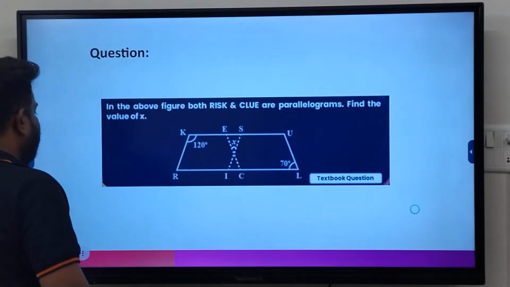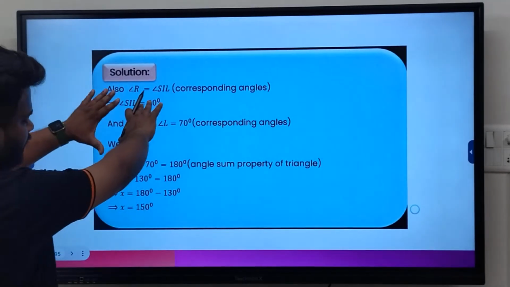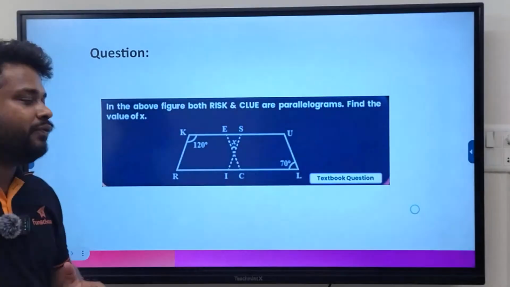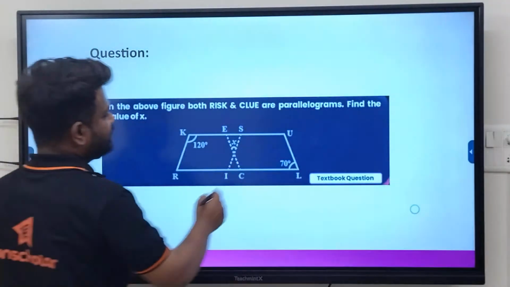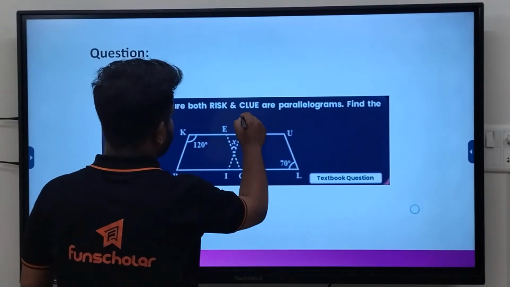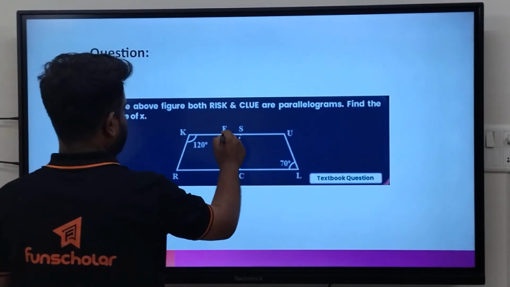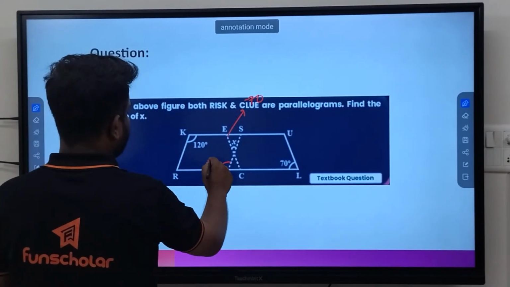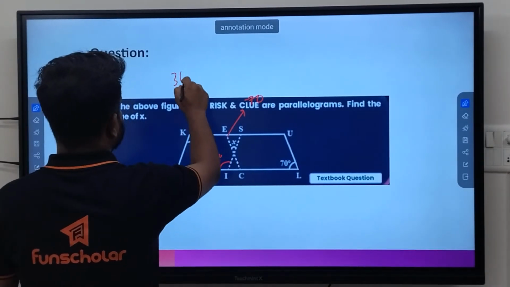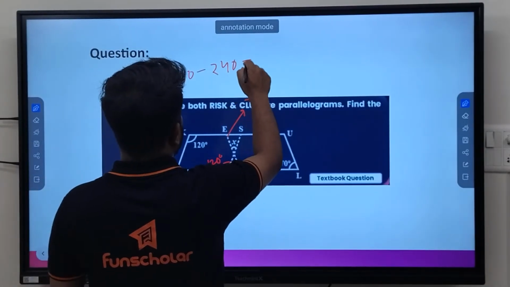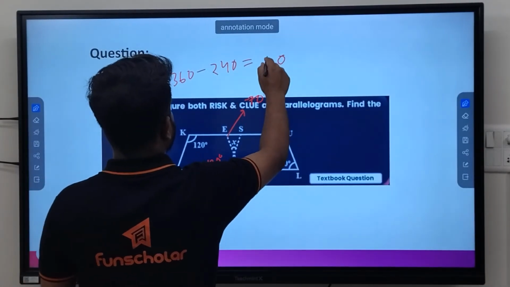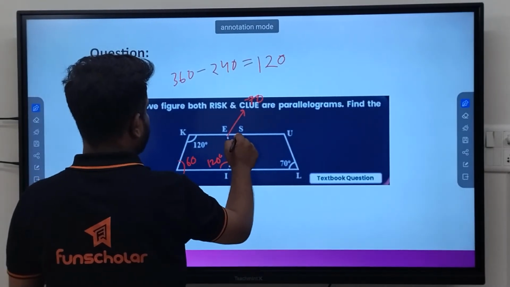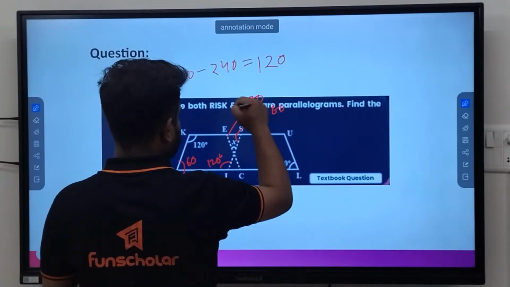Yes. And they have written so many things. If you just understand the basics, that if this is 70, this will also be 70, and if this is 120, this will also be 120, and 360 minus 240 gives us 120, and if this is 120, this will have to be again 60.